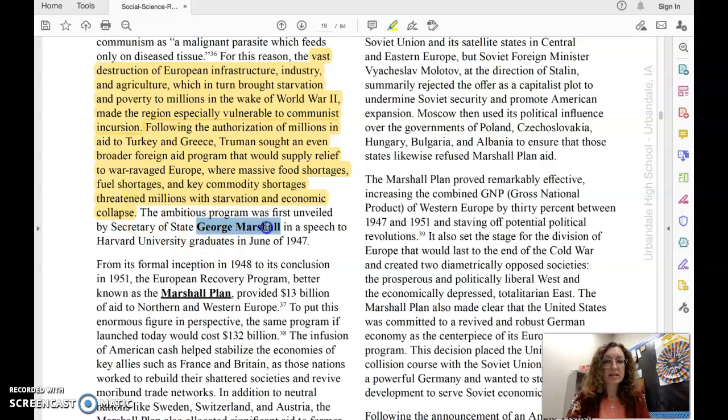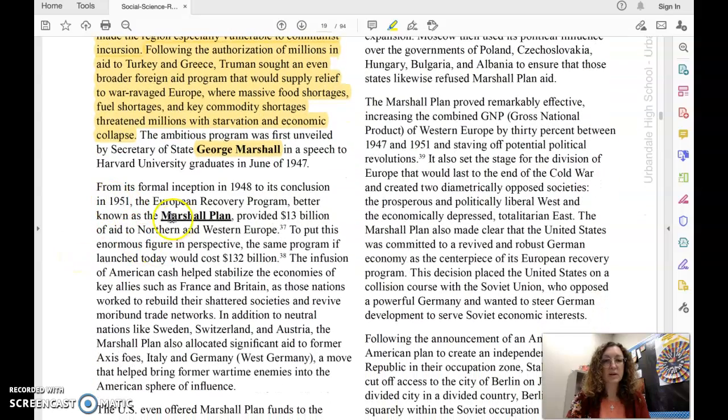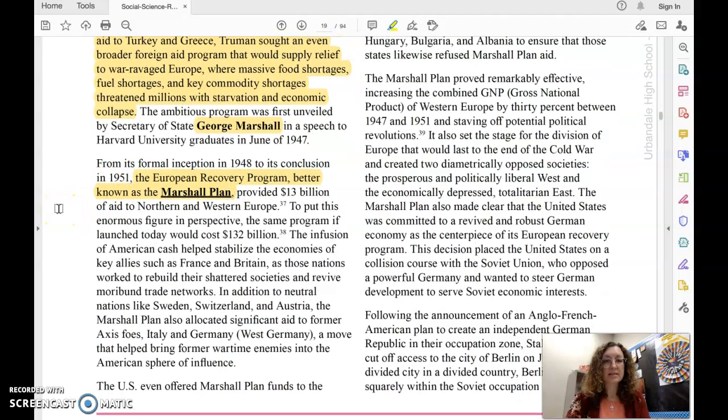George Marshall is the person who brings this to the forefront, and that's why it ends up being called the Marshall Plan. The actual name was the European Recovery Program, but this is called the Marshall Plan more commonly.